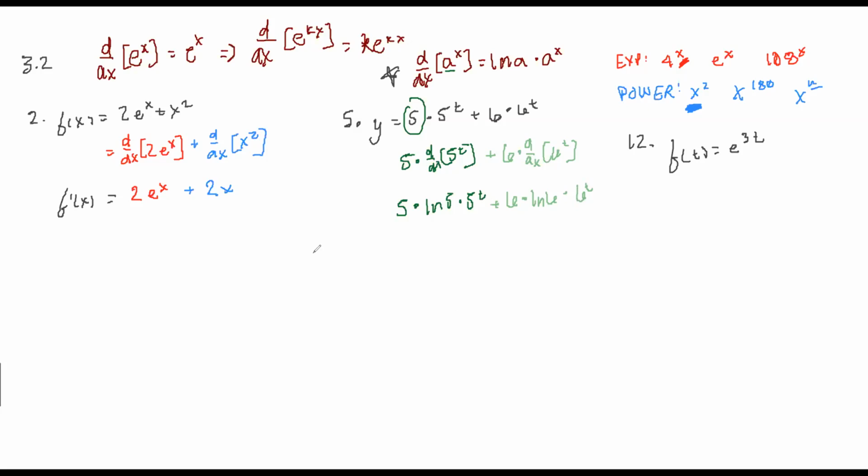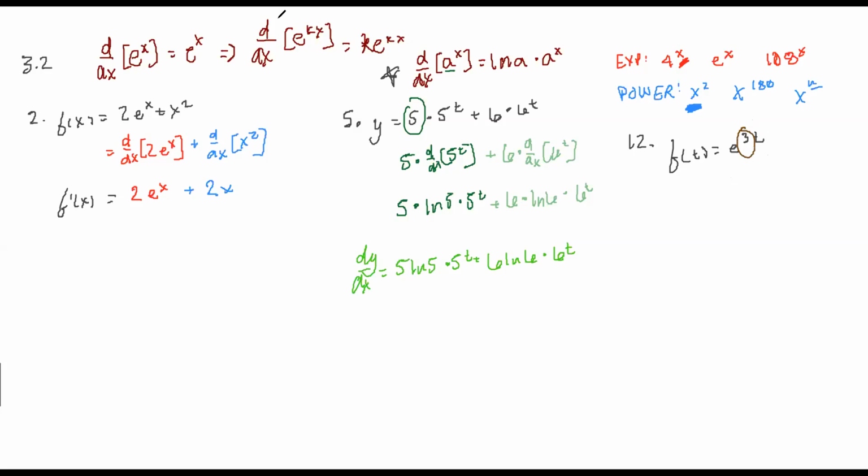So I would write our final answer something like this, noting that 5 and the natural log of 5 are both constants, and then we have our variables in the exponent. Same with 6 and the natural log of 6, those are both constants. Then over here we have f of t is equal to e to the 3t.